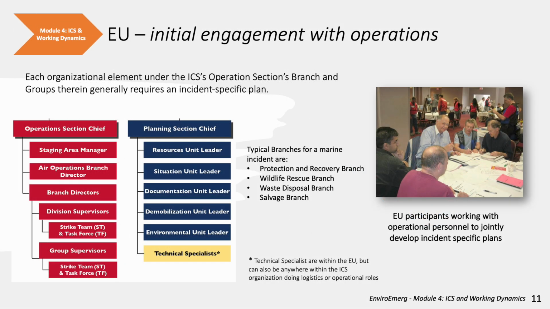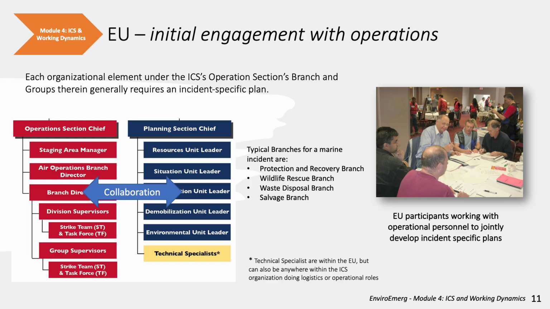At the onset of a marine incident, how would the environmental unit know what their tasks and deliverables will be? Well, the first step would be to look at the operations section's organization and what branches are established therein. For each branch that is established, there requires an incident-specific plan.